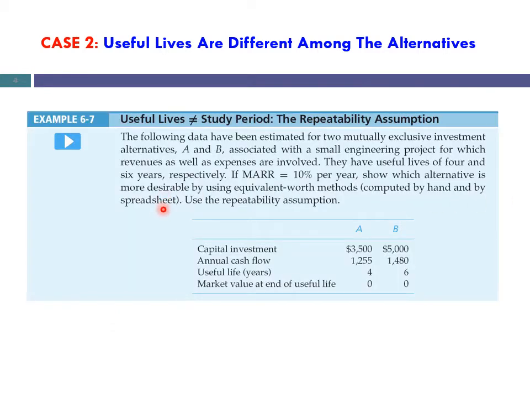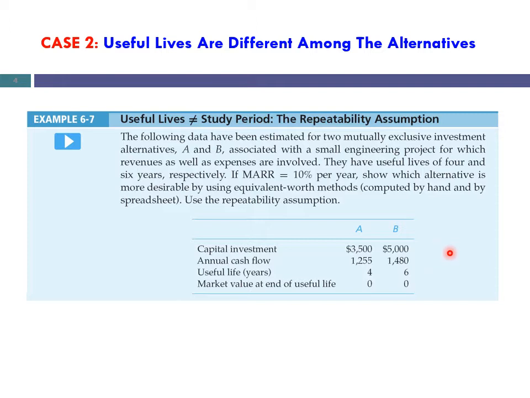So let's solve an example to understand this repeatability assumption better. It says that there are two mutually exclusive alternatives, A and B, for an engineering project. The useful life of project A is 4 years and the useful life of project B is 6 years.